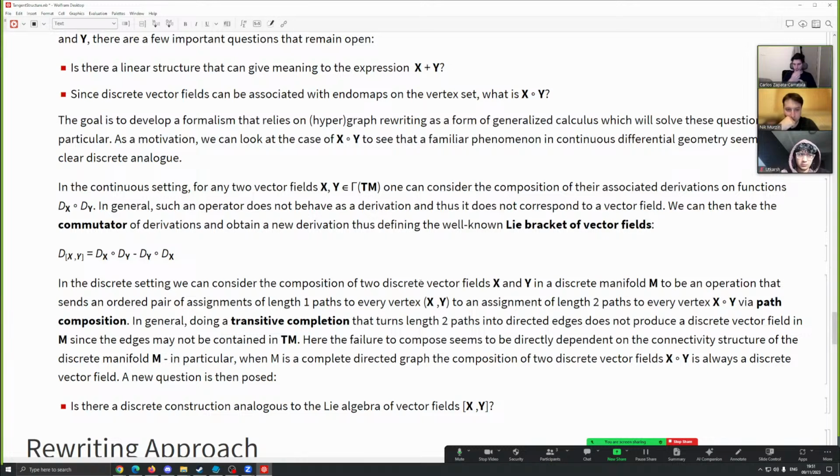So what I wanted to discuss today, what I wanted to propose, is what I call the rewriting approach, which I did mention in last week's live stream, which is in a way taking the rewriting philosophy seriously in this context.